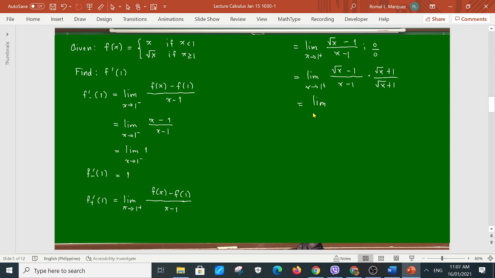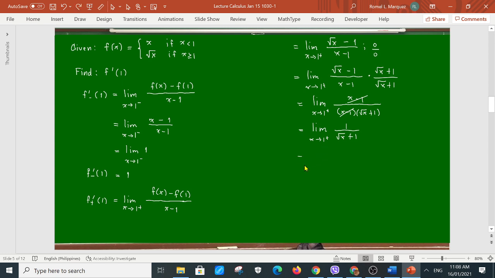So we now have x minus 1 all over x minus 1 times square root of x plus 1. So this is x minus 1. And that is equal to, so this is cancelled, no? So we have limit as x approaches 1 from the right of 1 over the square root of x plus 1.